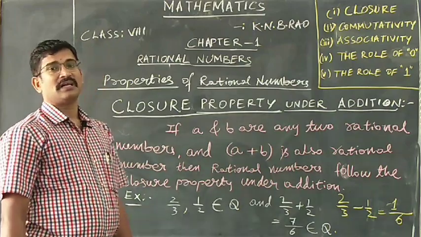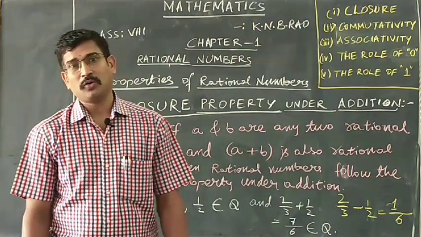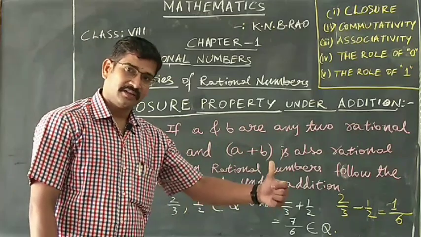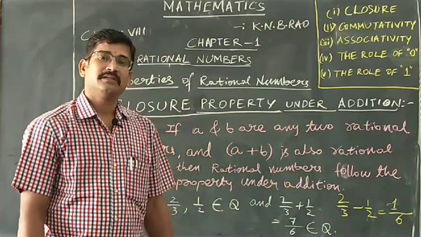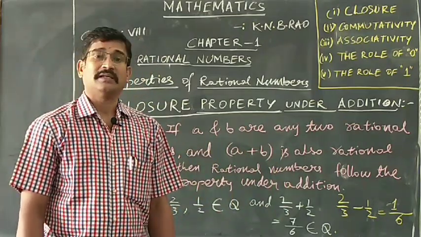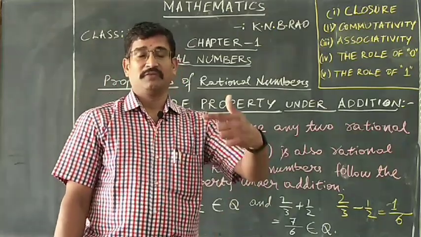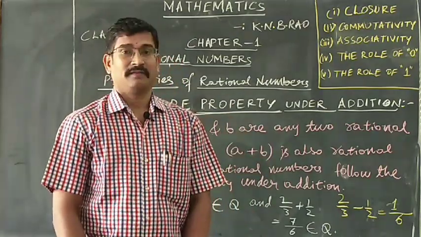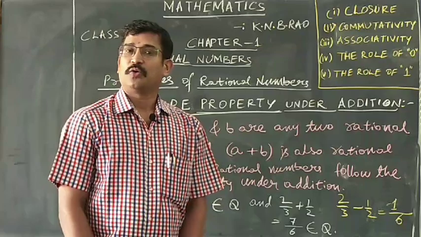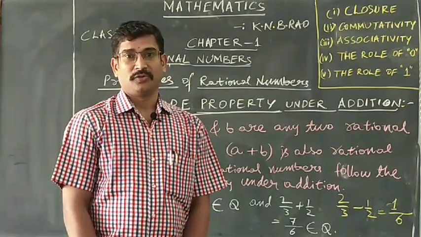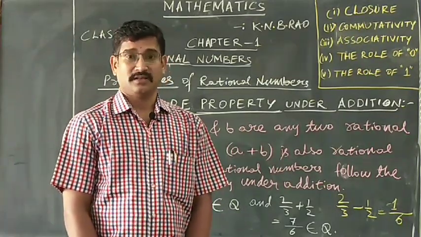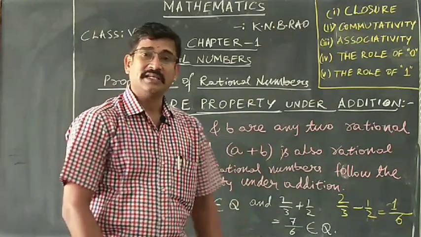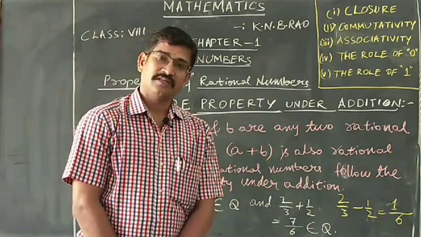I am giving you that as part of your homework. Tomorrow, I will start with the closure property under multiplication and division. Then we will see tomorrow this property continued as well as the next new property, commutative property, discussed. So, for today's session, thank you.